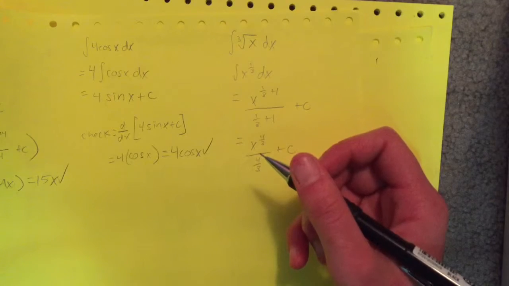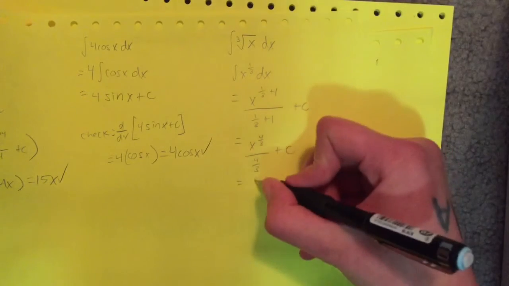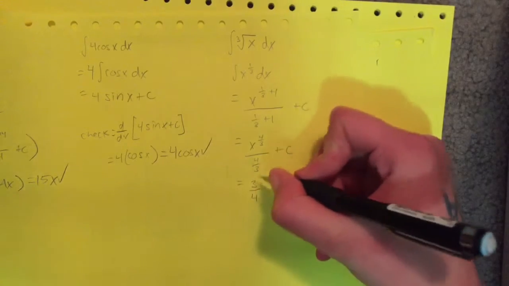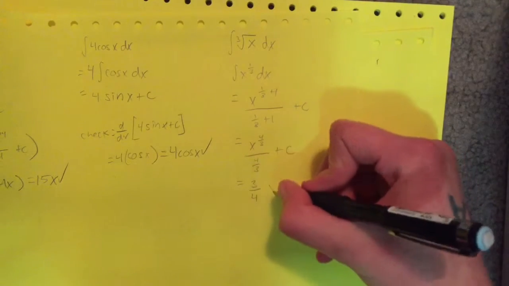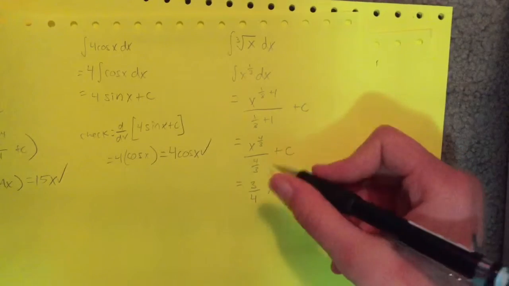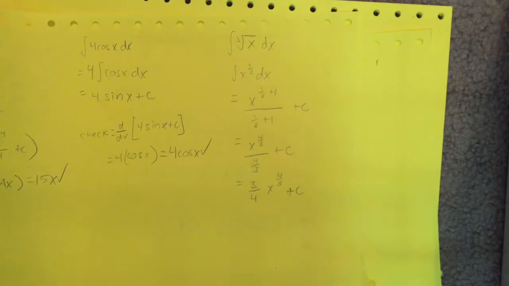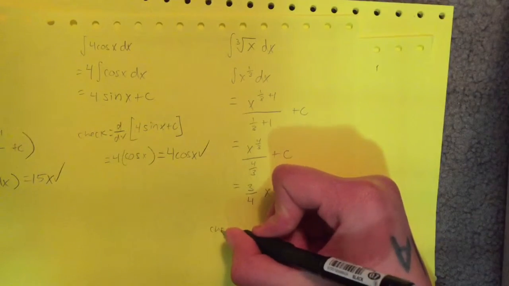So that would equal 3/4 x to the 4/3 plus c. And then, once again, make sure you check your work.